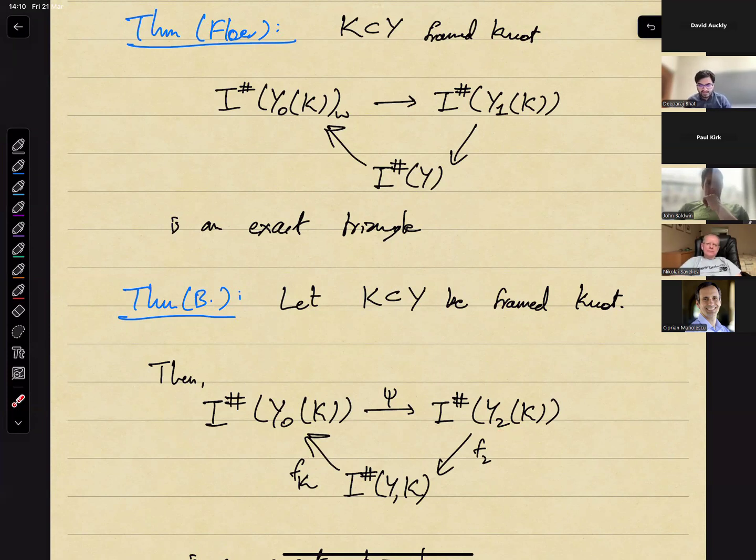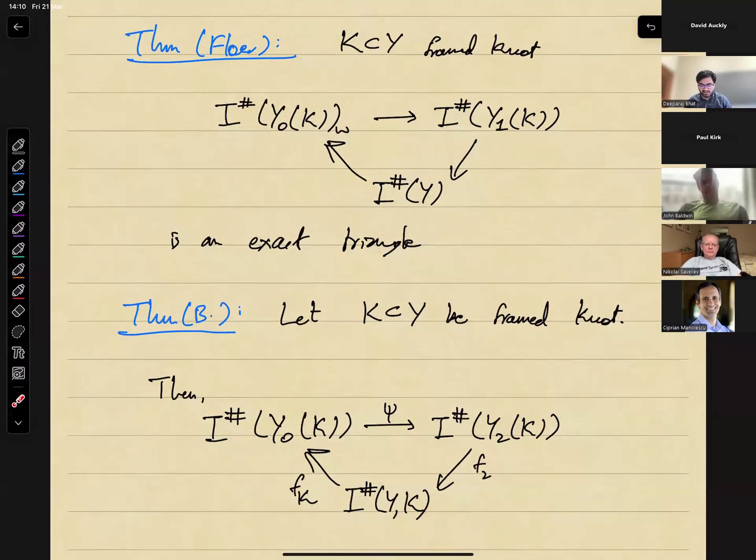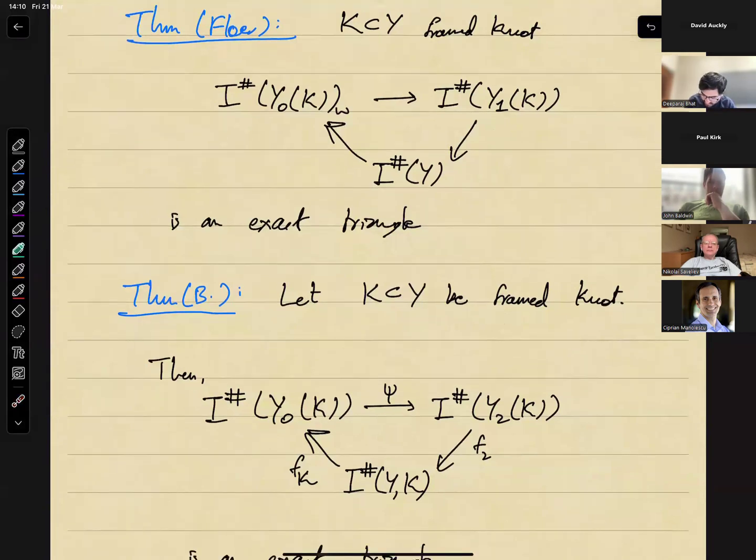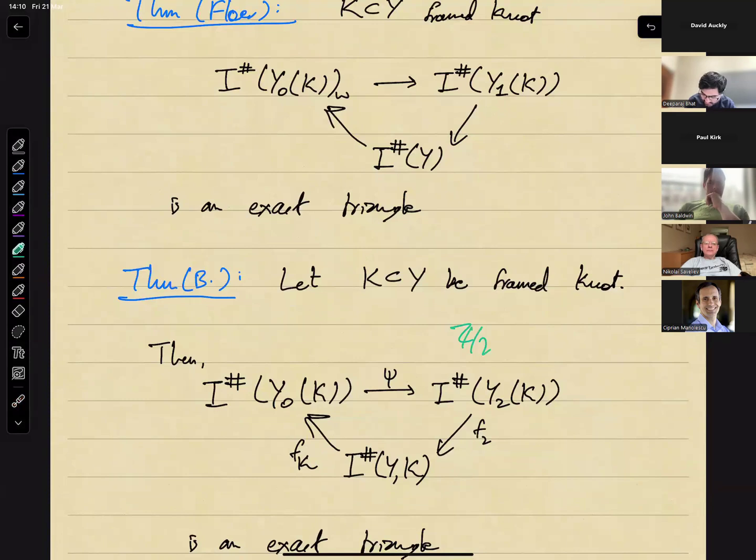So I'll describe what these maps are. These maps will turn out to be linear combinations of cobordism maps, and so they will all be homogeneous with respect to the Z mod 4 grading, but with some grading shifts. But there's some decoration data that goes in. And these are always Z mod 2 homogeneous.